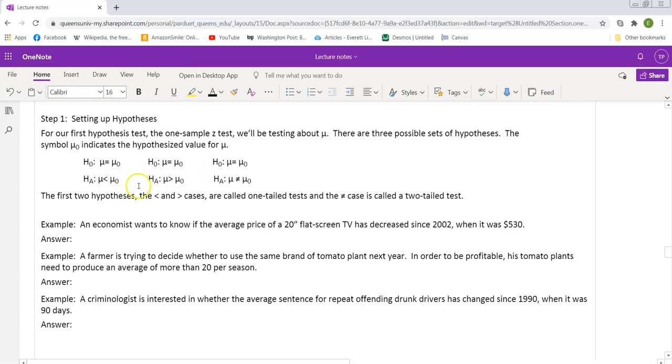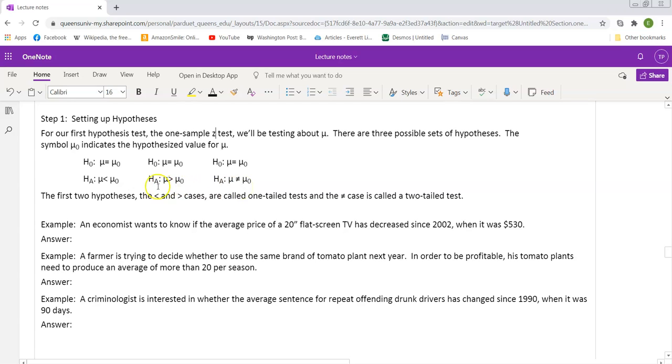These first 2 alternative hypotheses are called one-tailed tests. It's a one-tailed test if your alternative hypothesis is less than or greater than. It's a two-tailed test if your alternative hypothesis is not equal to.